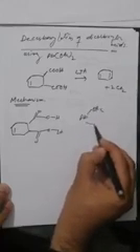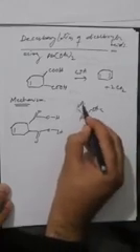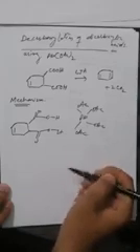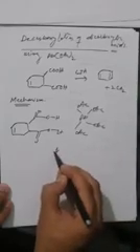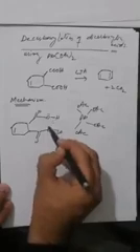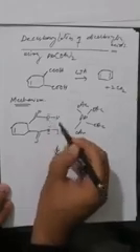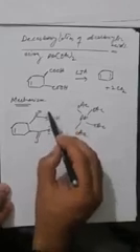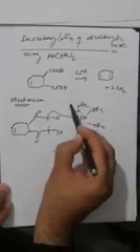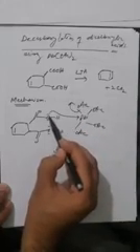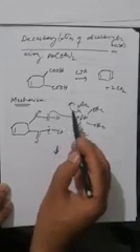Lead tetraacetate. In the same way as a 1,2-diol reacts, consider these two hydroxyl groups as a diol. How would it react? This lone pair will attack here and this acetate will leave, then deprotonation will occur to stabilize the positive charge.